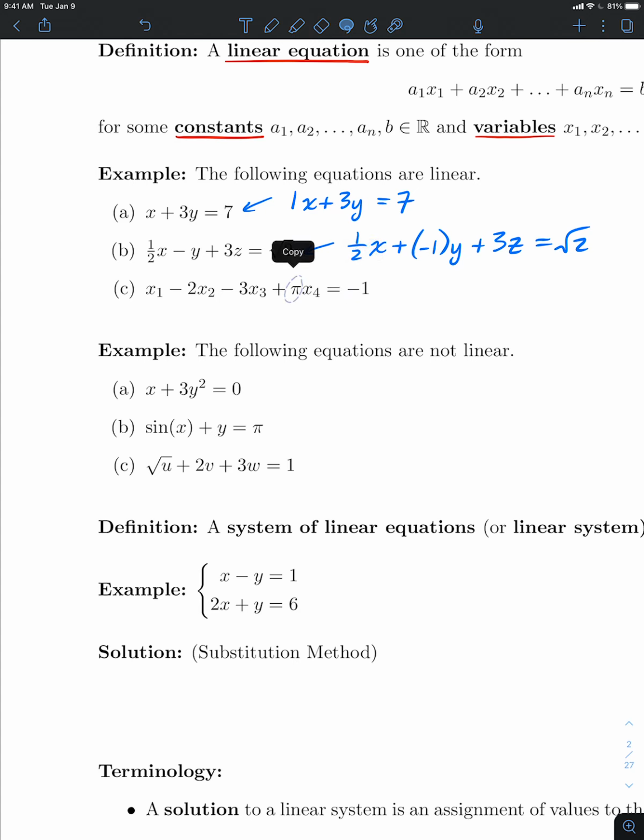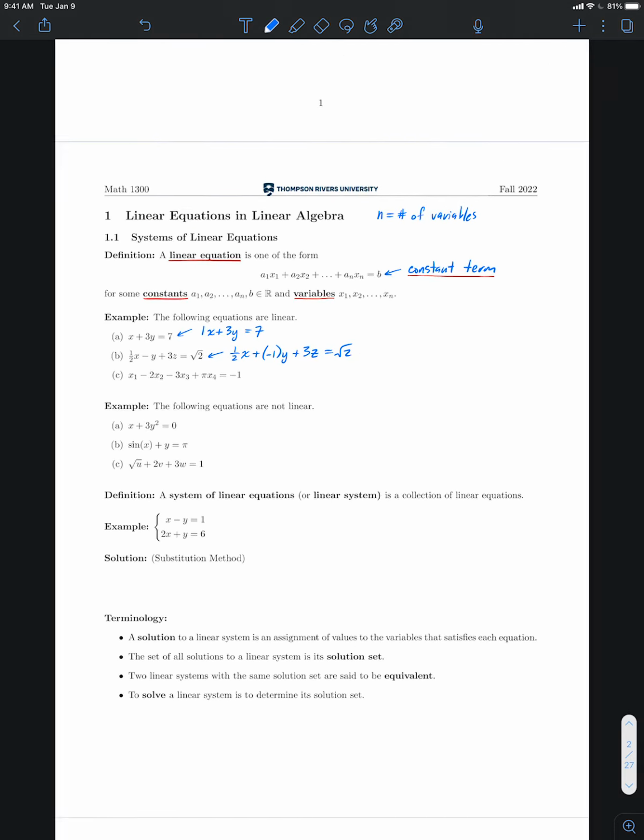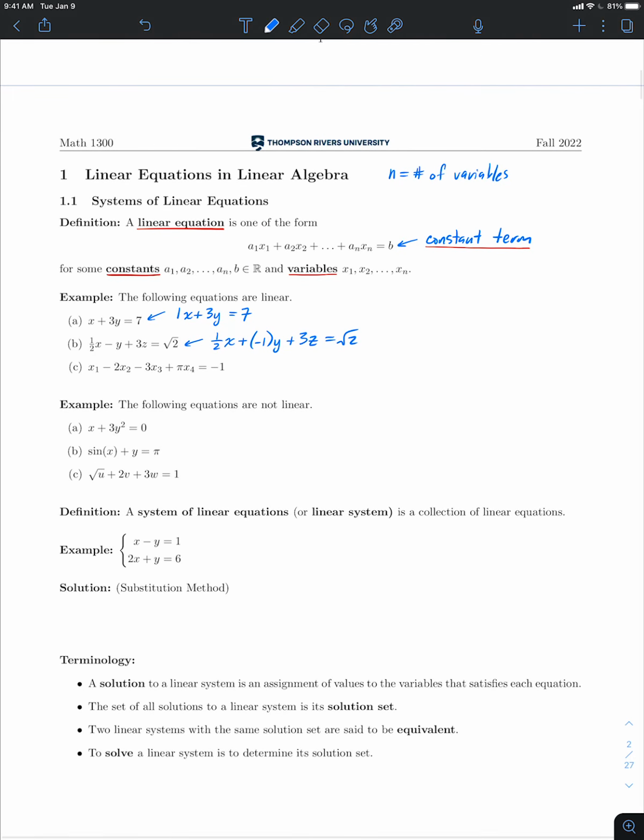So back to this pi thing, I just want to remind you that in the definition of a linear equation, all the coefficients as well as the constant term were allowed to be any real number at all. And maybe we'll just remind ourselves what the real numbers symbol means. It's called a blackboard R. It looks like a capital R, but it's got 2 lines instead of 1 on the left-hand side, and that just stands for the set of all real numbers.